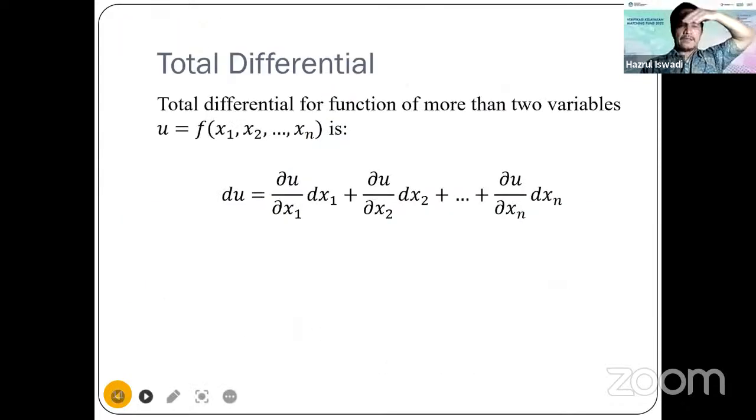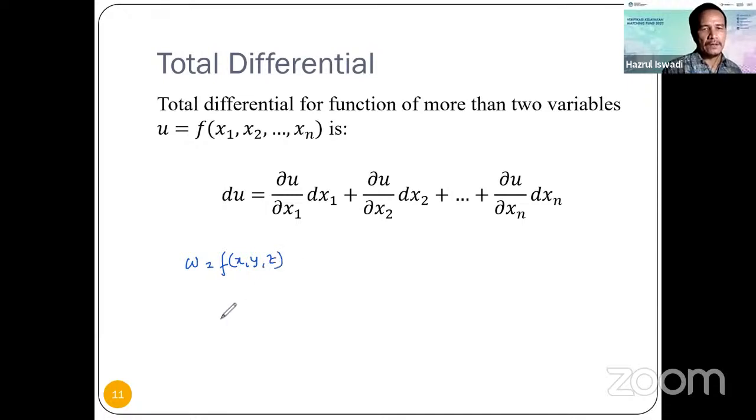Okay, total differential can be extended for functions of more than two variables. We can expand to more than two variables. For example, w is a function of three variables x, y, and z.